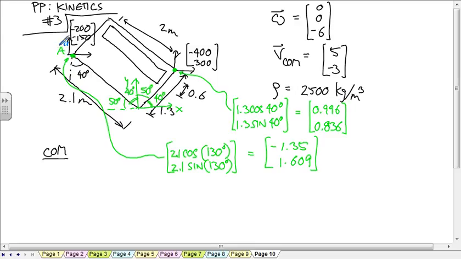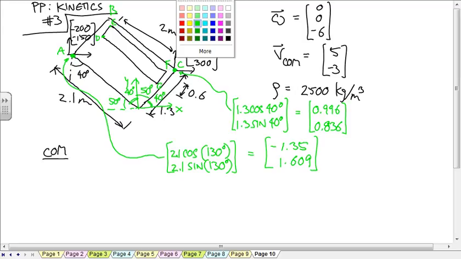Let's name these. So this is A, this is B, this is C. And then let's call it D, E, F, G, going around the little rectangle. So notice that 0.996, 0.836, those are the coordinates of C, but you can also think of that as a vector that has a length of 1.3 at 40 degrees counterclockwise from the positive x-axis.